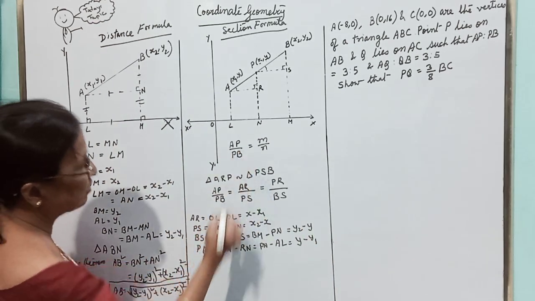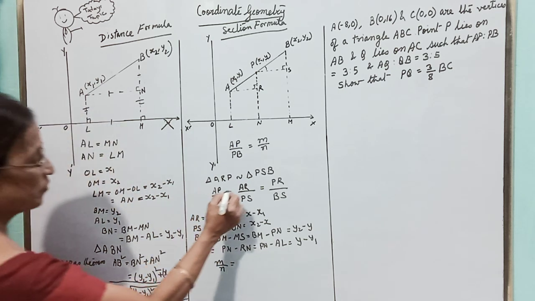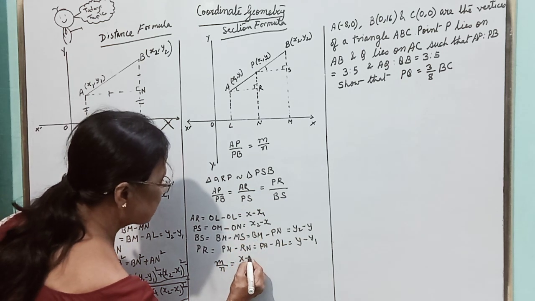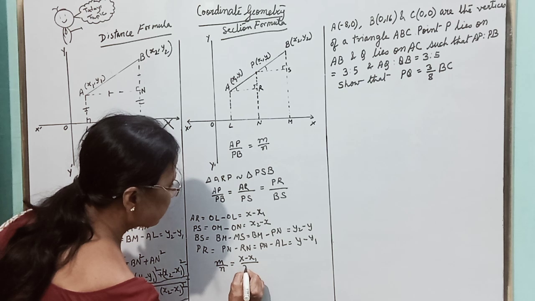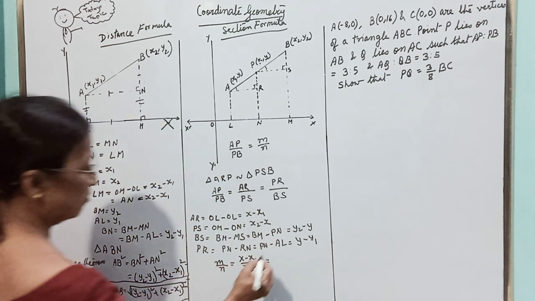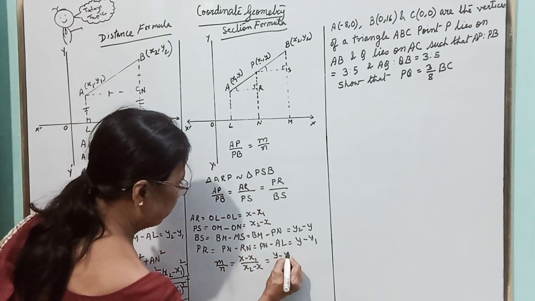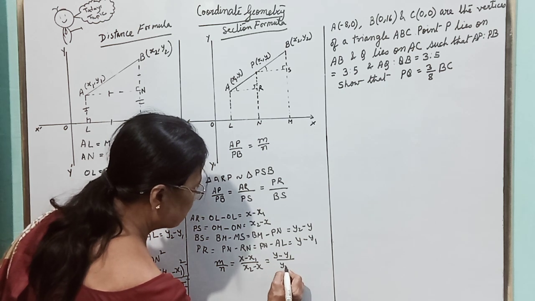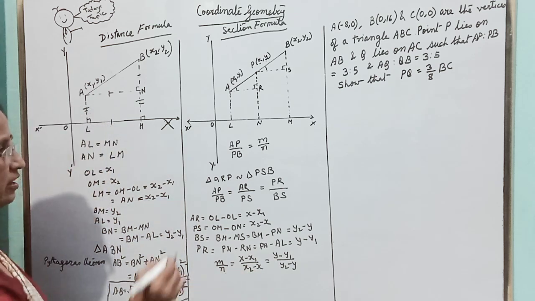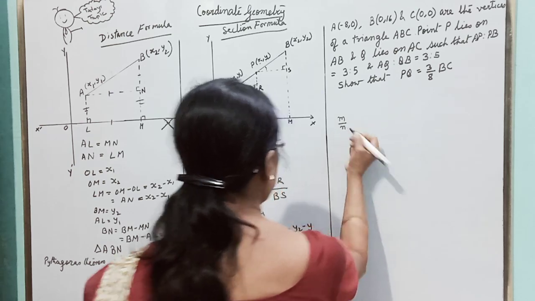Now just put these values. AP by PB is given as m by n, and this is equal to AR by PS, which is X minus X1 divided by X2 minus X, which is equal to PR by BS, Y minus Y1 divided by Y2 minus Y. First let us take the first two.